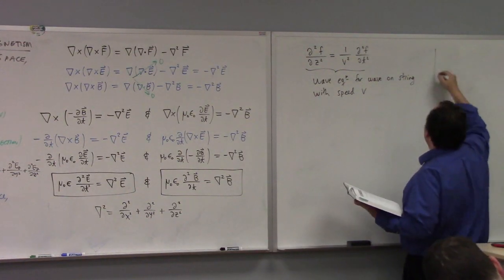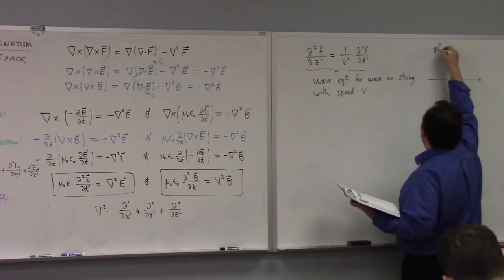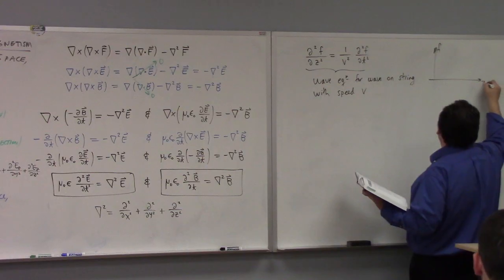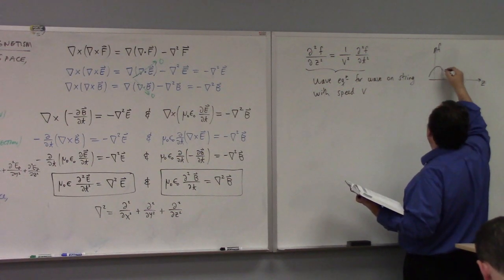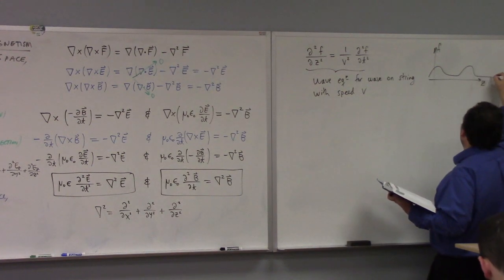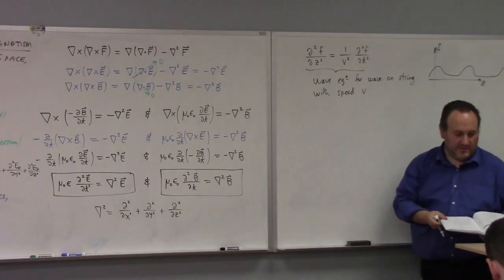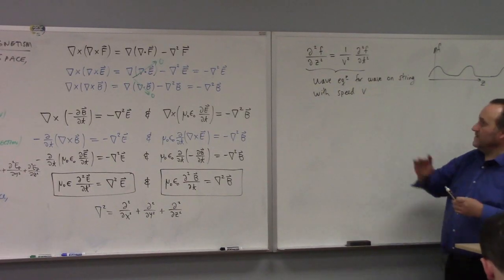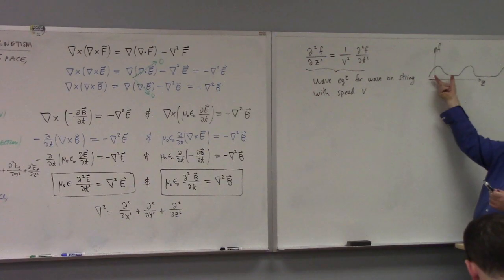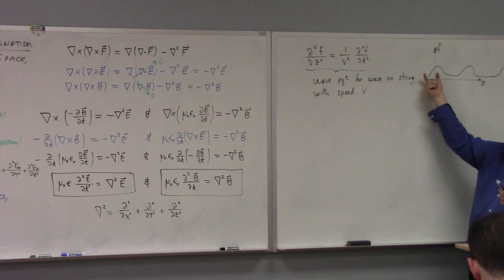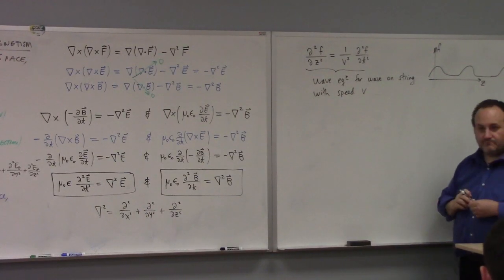Pictorially, he's got some pictures. Here's f, and here's z, and you might have some kind of repeating pattern, as he calls it, the wave train. This is a snapshot in time. As time goes on, the wave propagates over in the z direction.